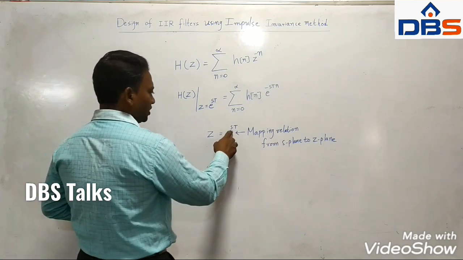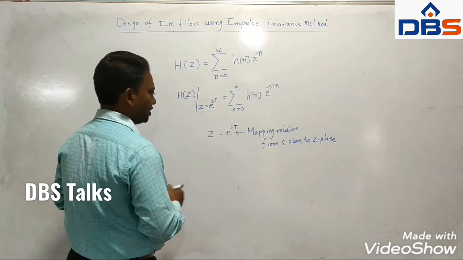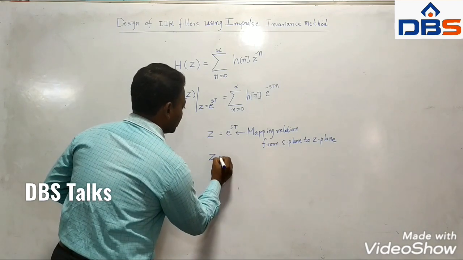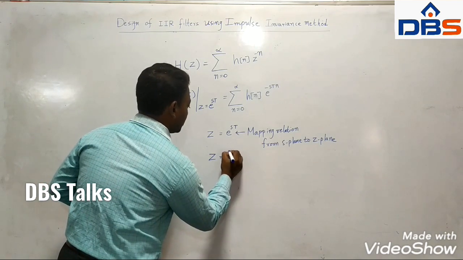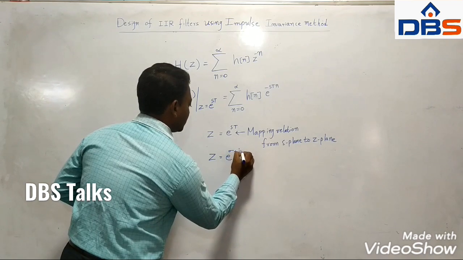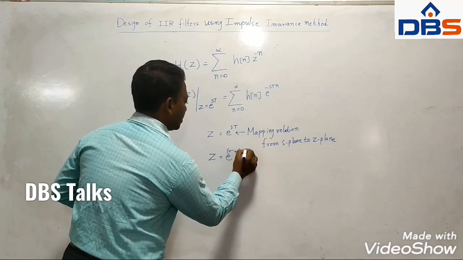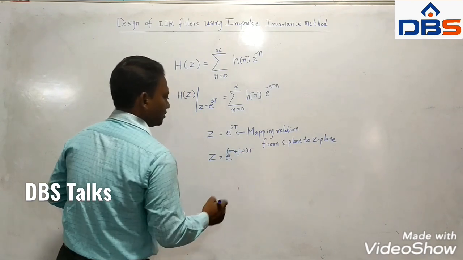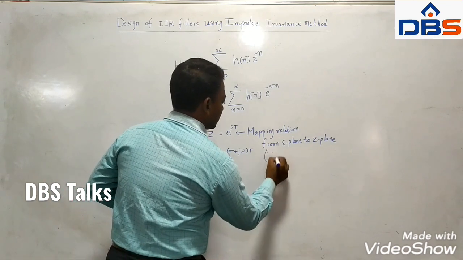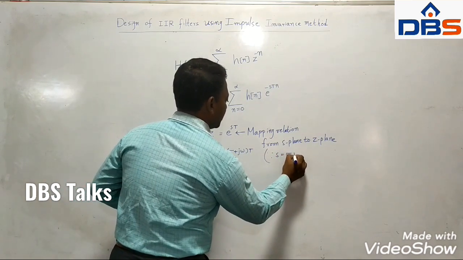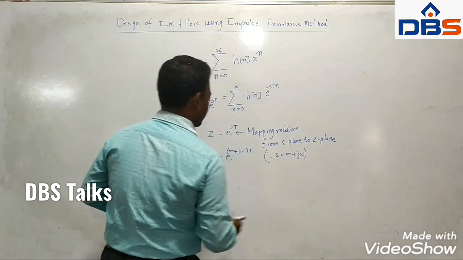Now we know that s is a complex operator, so z is equal to e power (sigma plus j omega) into t, since s is equal to sigma plus j omega.